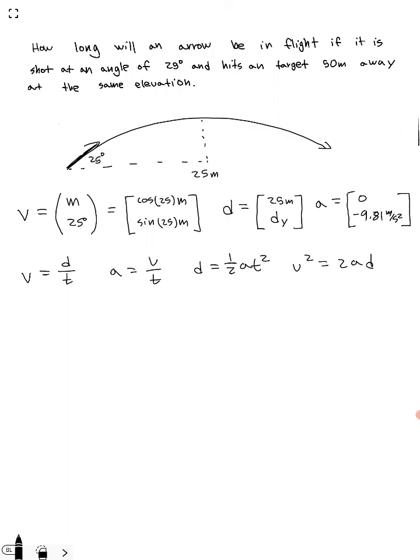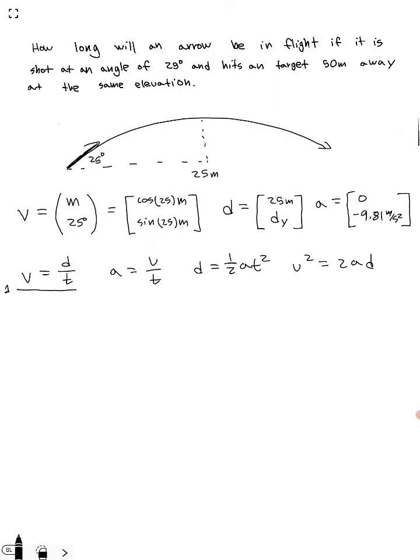Now the hardest part here is finding out which formulas we're going to use. One thing that stands out to me is that for the x component, the only formula that makes sense is formula number 1 over here. Why? Because we know that the acceleration for the x component is 0, and all 3 other formulas have acceleration in them.